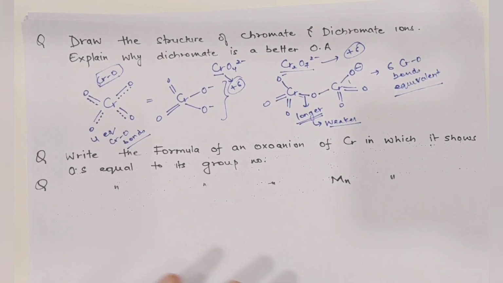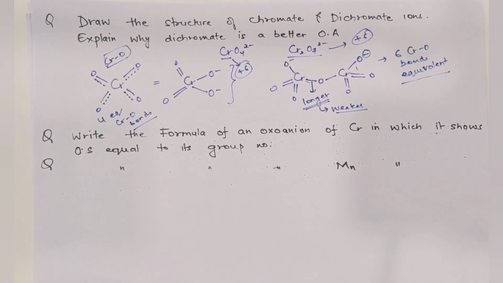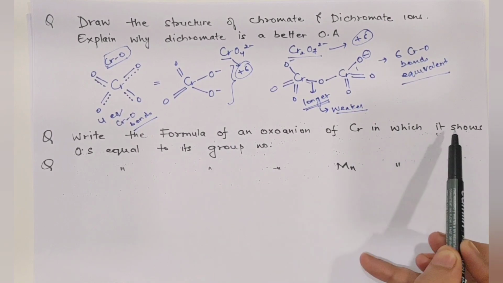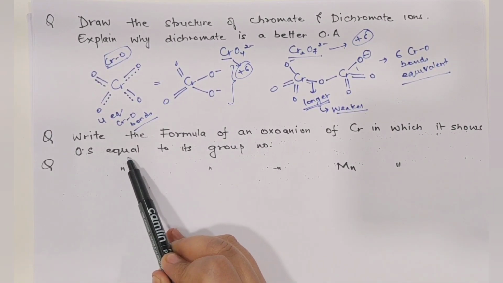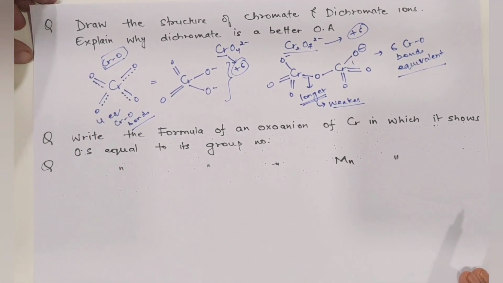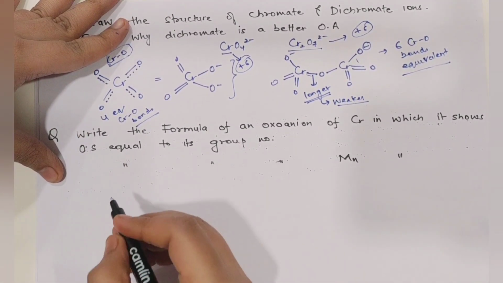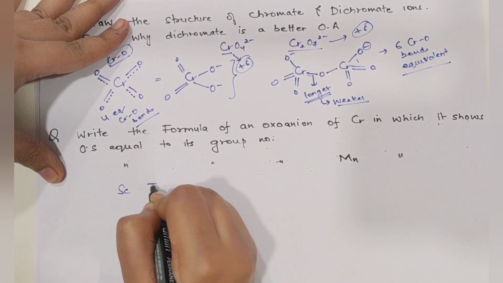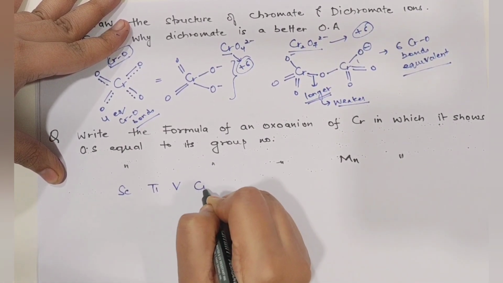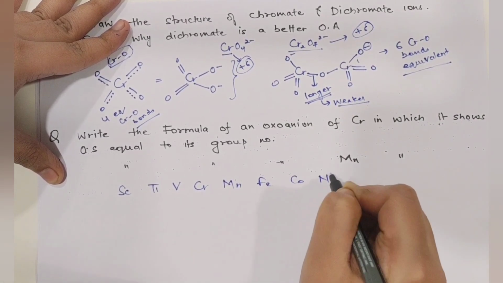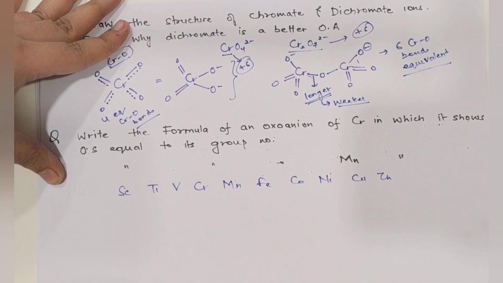Okay. Now, write the formula of an oxoanion of chromium in which it shows oxidation state equivalent to its group number. Easy. First, we have to find out the group number. When we find out the group number, write the first series: scandium, titanium, vanadium, chromium, manganese, iron, copper, zinc.